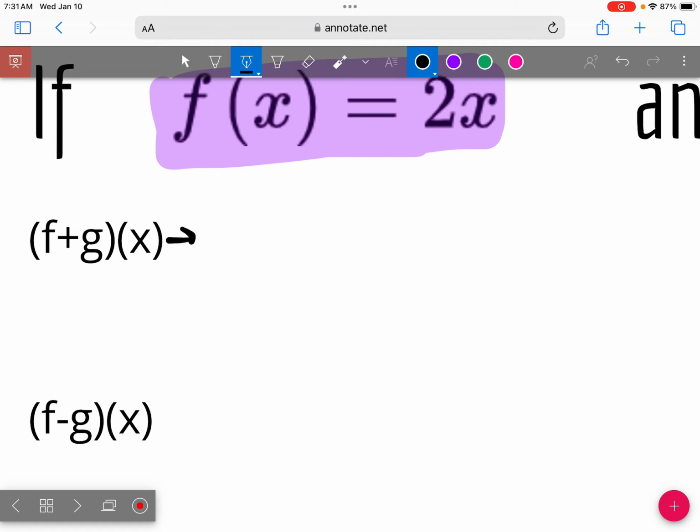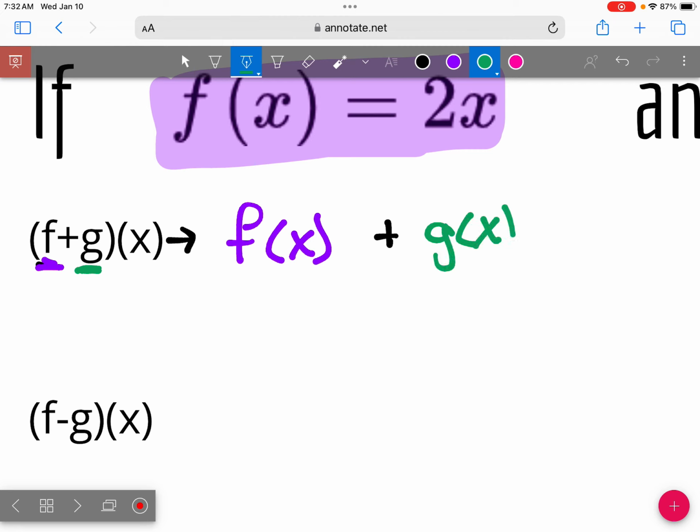So this very first one, f plus g of x, that means I'm going to take f of x plus g of x.